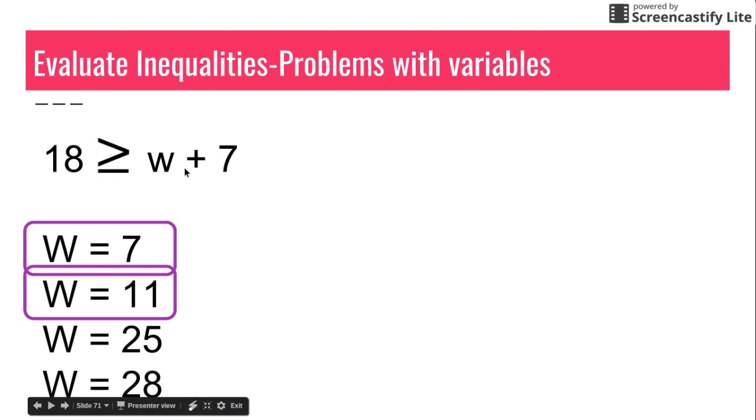No, it's not. It's much less. Now if we put W in as 28, 28 plus 7 is 35. Is 18 greater than or equal to 35? No, it's not. It's much less. So we know that for this statement, W equaling 7 could make that statement true, or W equaling 11 could also make that statement true.